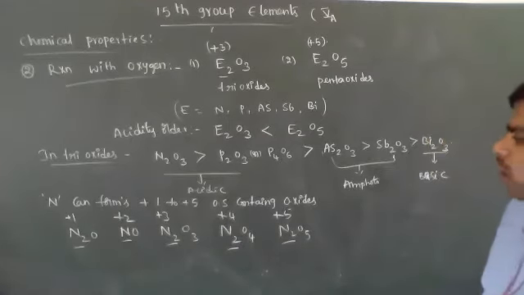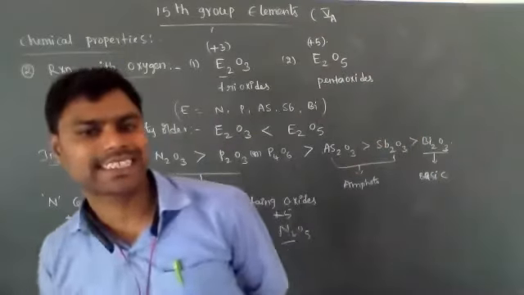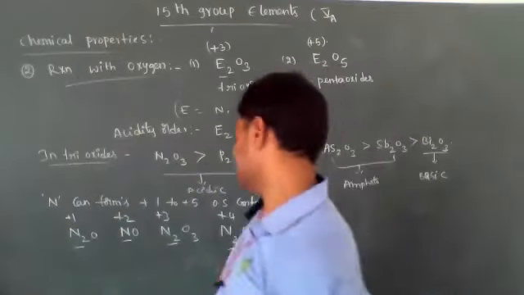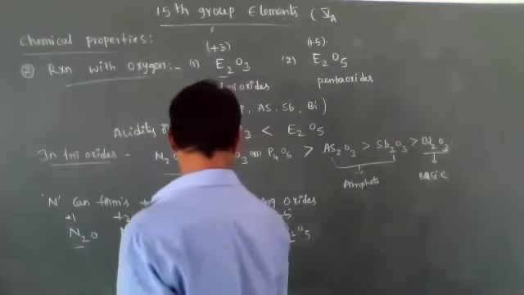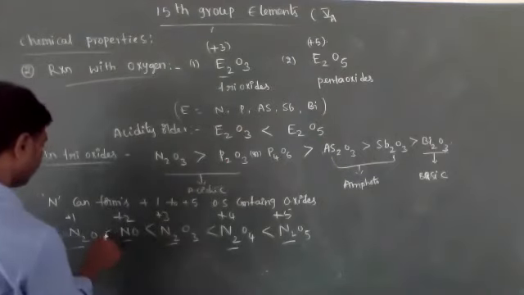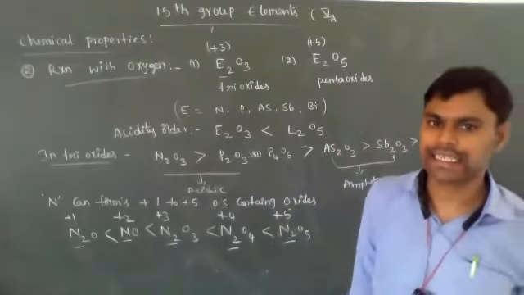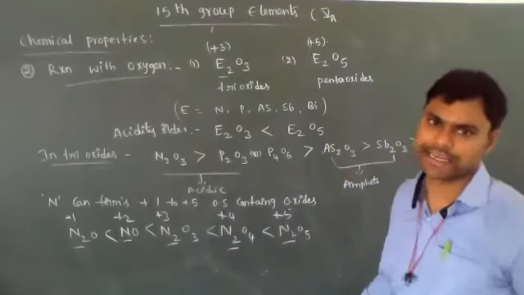Among the oxides of the same element, as oxidation state increases, acidic strength increases. So N2O5 is more acidic when compared to N2O4, N2O3, NO and N2O. So this is the acidity order of nitrogen oxides.